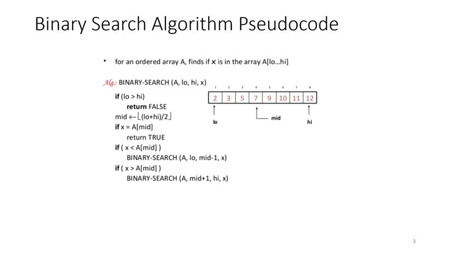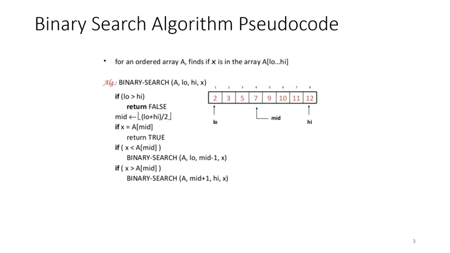But then what you find is that if x is less than the number at the midpoint, then we recursively call binary search. And also in the next line, if x is greater than a at the midpoint, then we call the same function with different inputs. So in a given situation, only one of these binary search is called recursively.